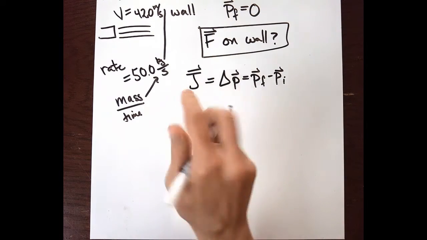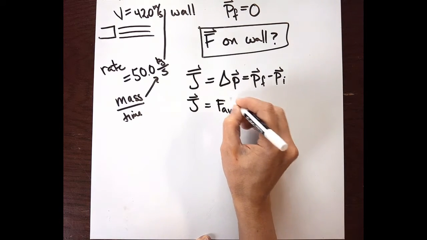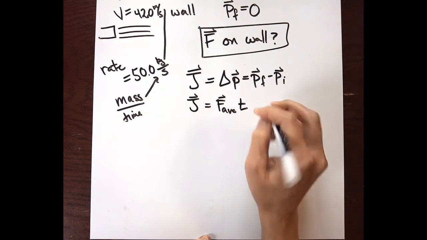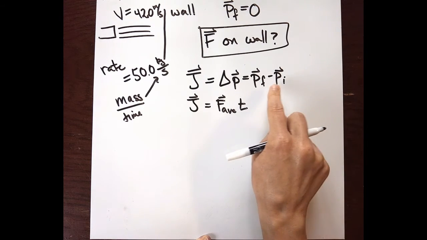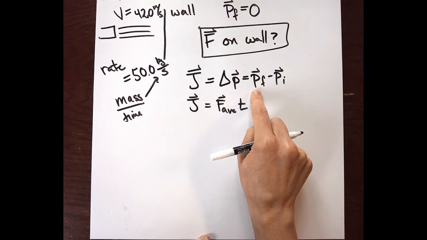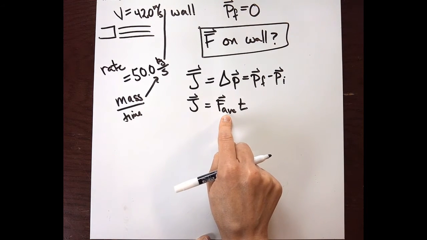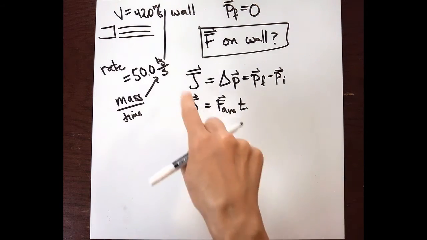But impulse is also equal to the average force multiplied by the time, however long it takes to apply this average force to get the momentum to change from whatever it was at the beginning to whatever it is at the end. So force, that's the thing we're interested in. We know some stuff about momentum. So let's start with this.